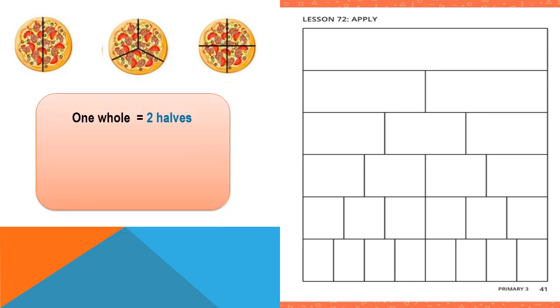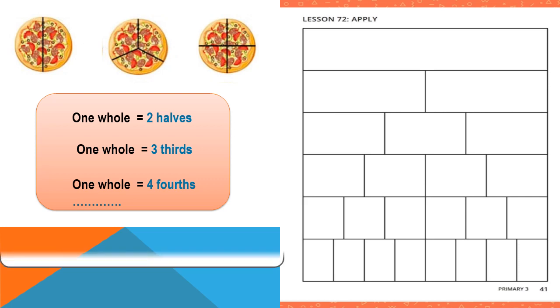So the one whole contains 2 halves, and the same one whole contains 3/3, 4/4, and so on. So how many fifths in one whole? 5/5, 6 sixths, 7 sevenths, 8 eighths, right?